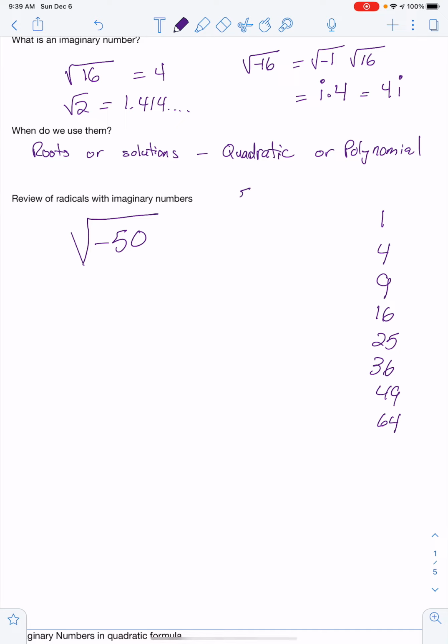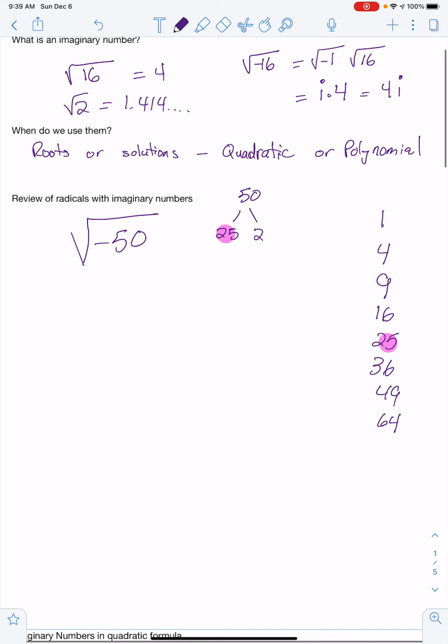I don't know if you remember when you were littler, you broke things into like 25 and 2. Do you see that that has a perfect square, because it's on our perfect square list, and a not perfect square part? So you're looking for opportunities to take that out.